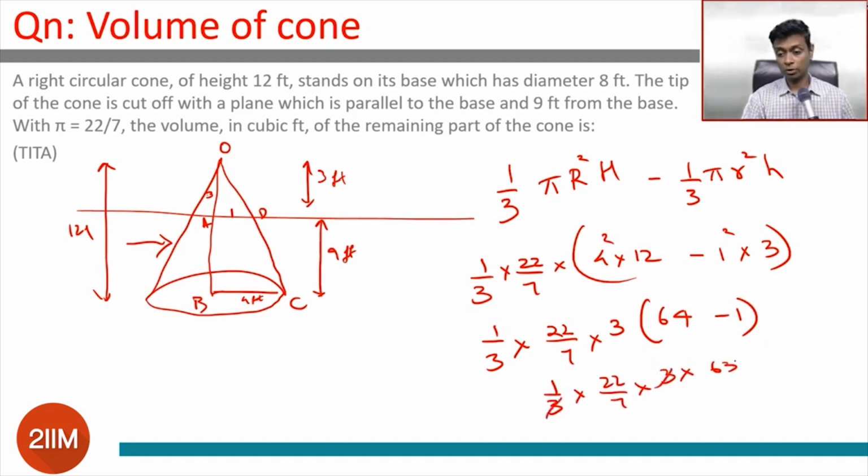This goes off. 63/7 is 9. We're looking at 22 into 9 equal to 198 cubic feet.